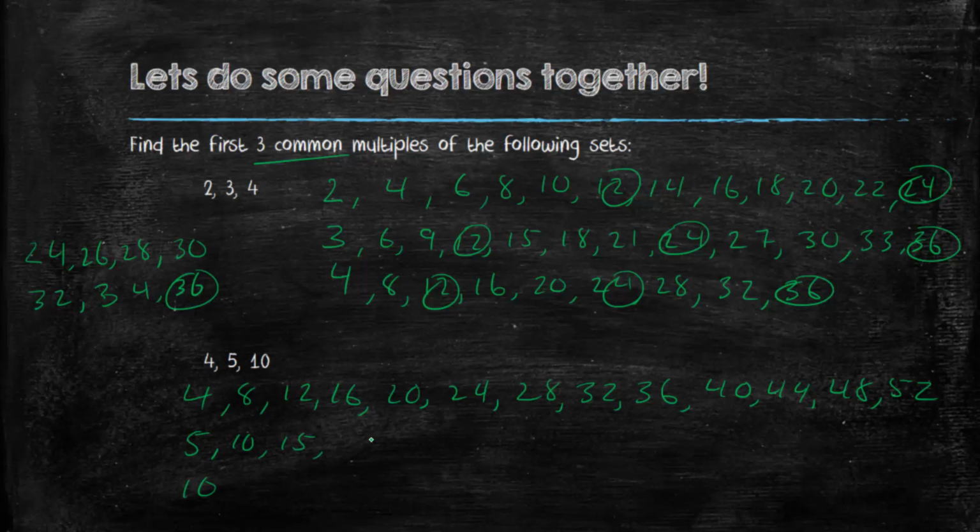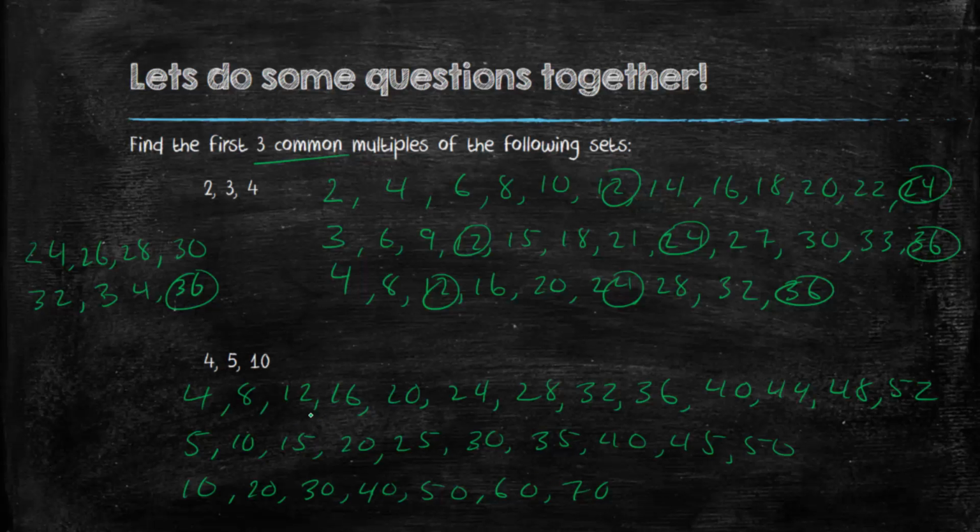This is really easy, the fives, because you're just counting by fives here. 30, 35, 40, 45, 50. And here it's again super easy because you're counting by tens. So 40, 50, 60, 70, and so on.